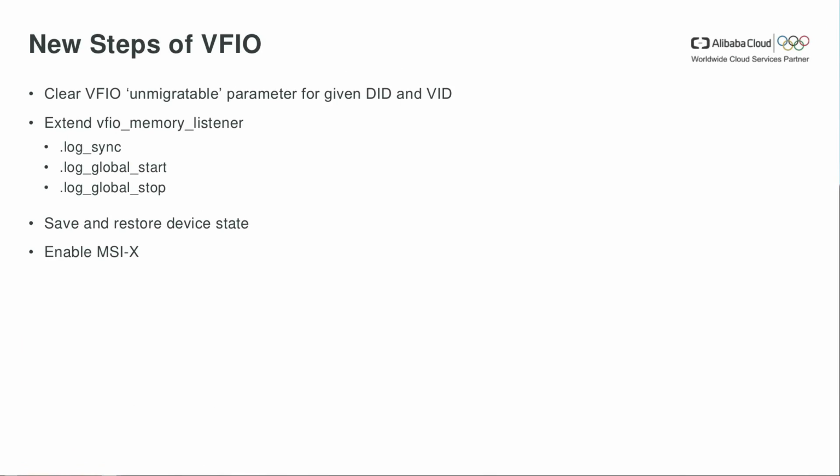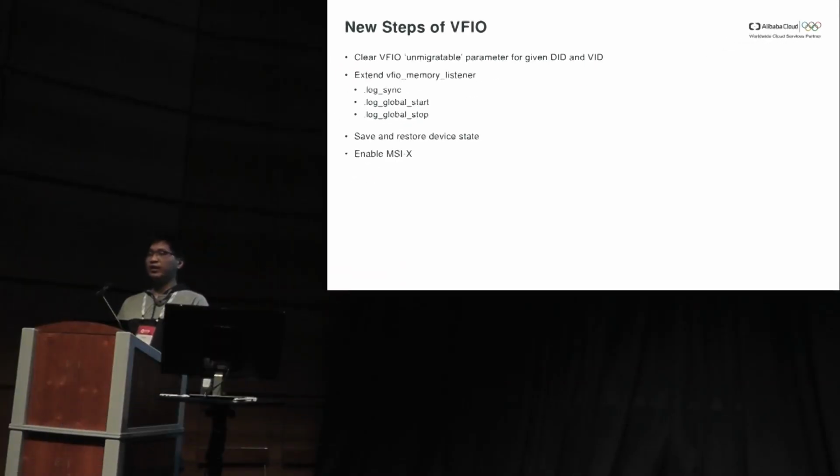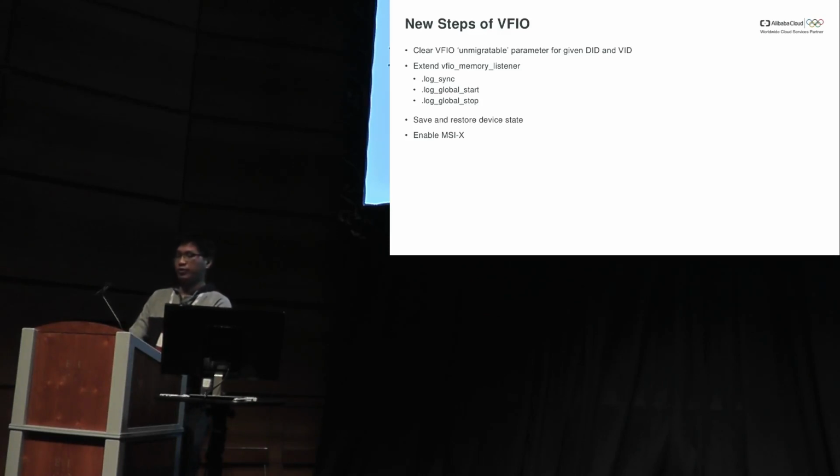Also, patch VFIO. This is a key module to enable live migration with a pass-through device. First, as mentioned, current upstream code doesn't support live migration with a pass-through device.